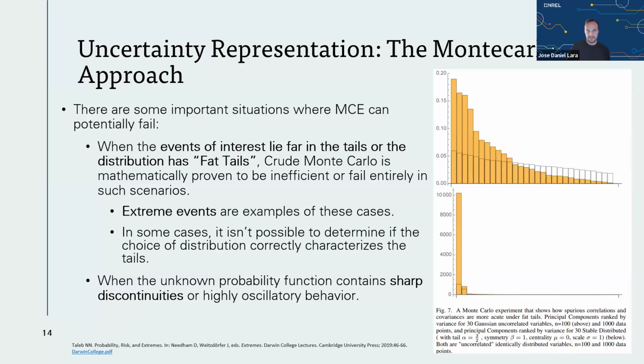Yeah, and this is again the whole discussion around the effect of fat tails, right? Extreme events are very rare, so we don't have enough of them to characterize the probabilities correctly. In some cases, it's almost impossible to determine that property at the edges, right? If the probability is unknown, with sharp discontinuities, where these events happen and then for 2 years they don't happen again, your analysis of scenarios and your scenario selection might not capture situations that are important for your stakeholders.